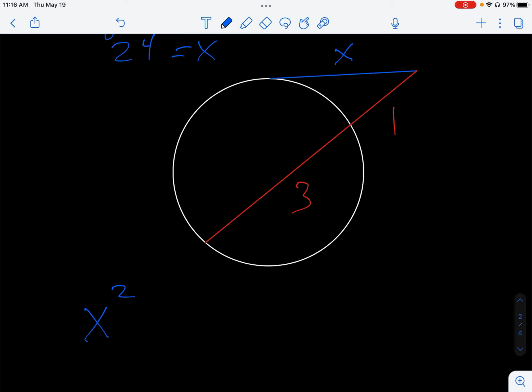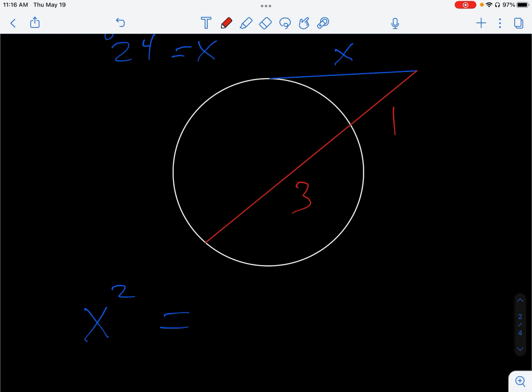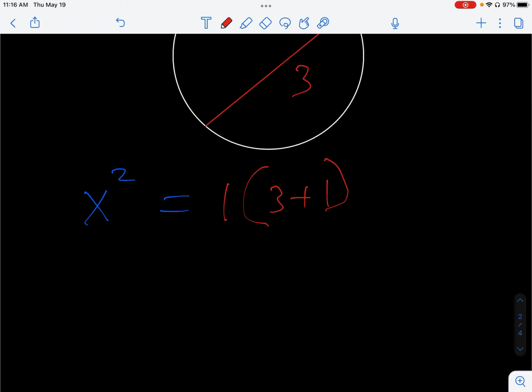So we're going to square X, and that's going to equal the external segment, 1, times the entire segment, 3 plus 1. Well, 3 plus 1 is 4, times 1 is 4, and that's just going to equal x squared. And the square root of 4 is 2, so x equals 2 when we take the square root of both sides.